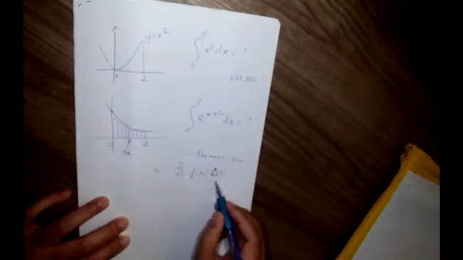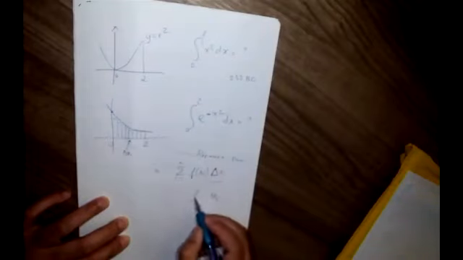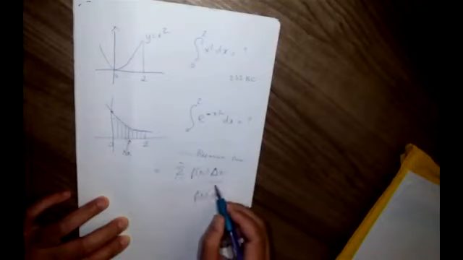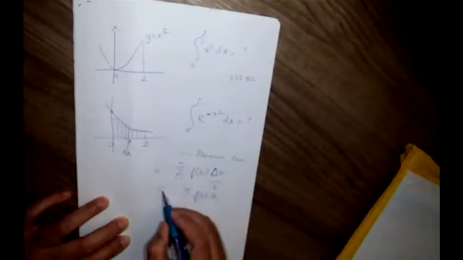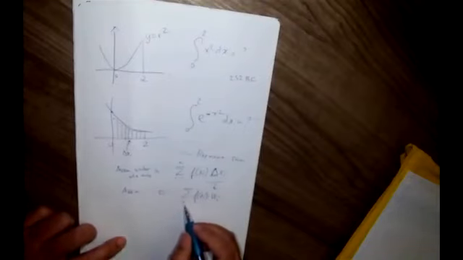If we label this width of the rectangle as wi, then you have this formula for the area under the curve, the sum over i from 1 to n.